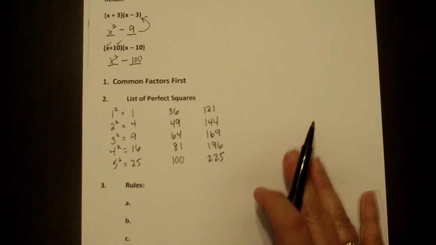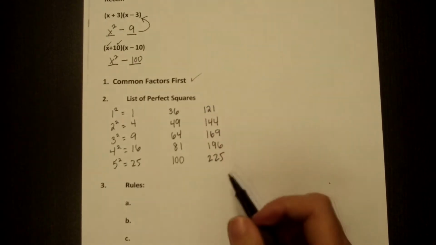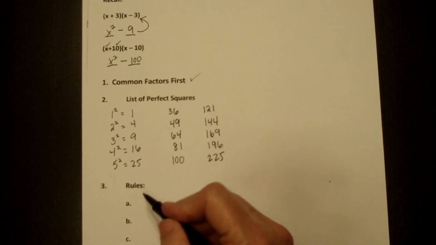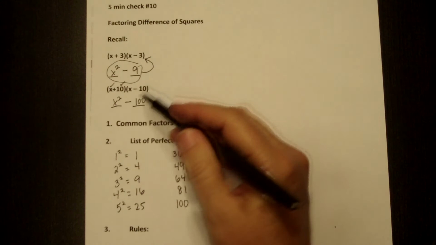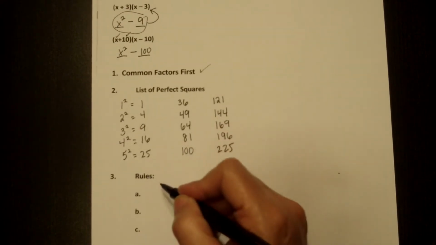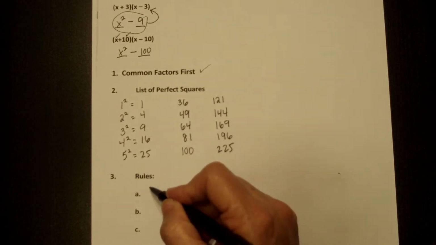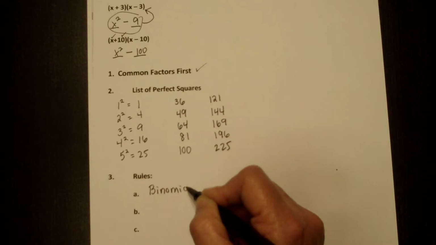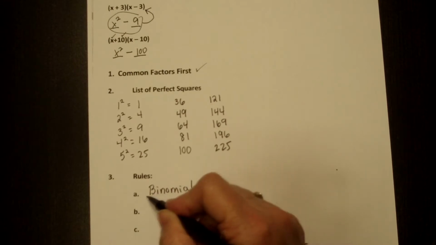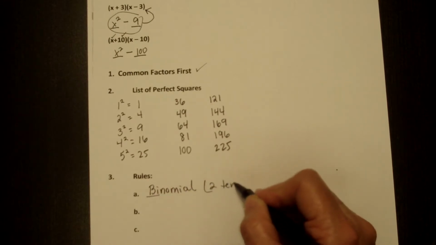After you look for common factors, of course we're talking about a binomial. So we're talking about x squared minus 9 or x squared minus 100. We're going to be looking for a difference of squares, and that means first of all it has to be a binomial. Of course you know that bi means 2, so that's going to be 2 terms.